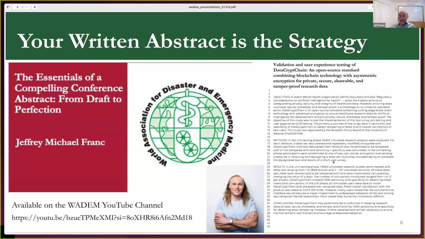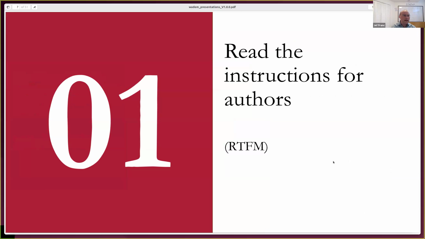If you don't have that and you're still working on it, then I would definitely urge you, if you're looking for some help, to take a look at the webinar we did in July of this year, which was the essentials of a compelling conference abstract from draft to perfection. That is available on the WADM website and the WADM YouTube channel.